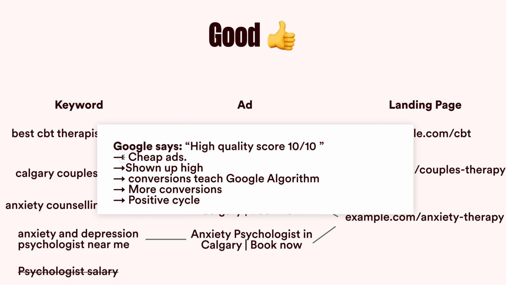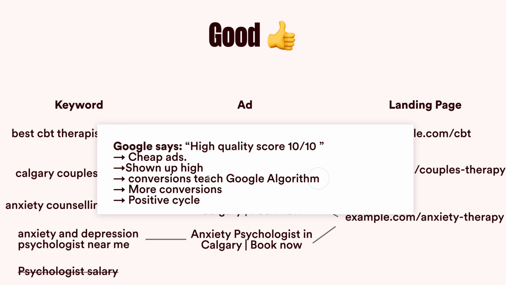All right, so cheaper ads, you will literally pay less for your ads if they're high quality. My understanding is that they will be shown higher up on the page. So because you have better ads, they will show up first. You will get more clicks, you will get more conversions.